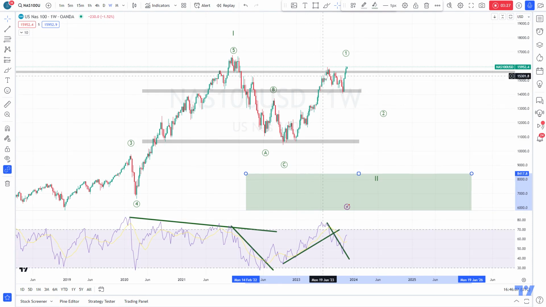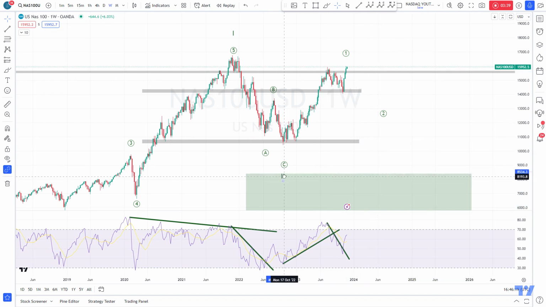But now, last week, as we took out the high right here, we will see it in a minute when I go to the lower time frame, we actually got confirmation that this here was our wave 4 low, and so now this structure really looks like 5 waves.